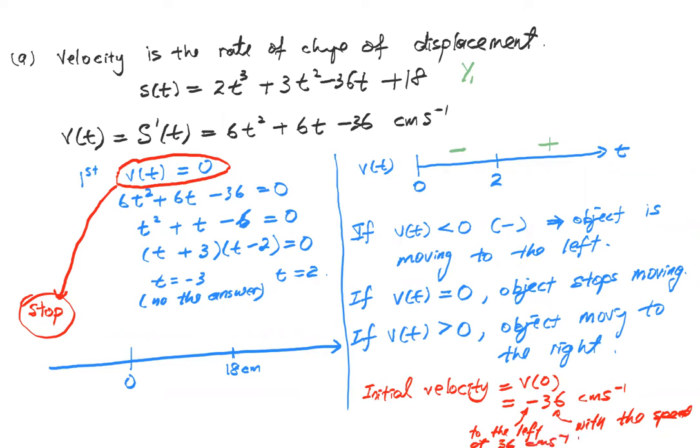You see or not? Okay, correct? So if I draw a car, it starts from here. It moves like that. Am I right? So it moves to the left until it starts to turn to the right.